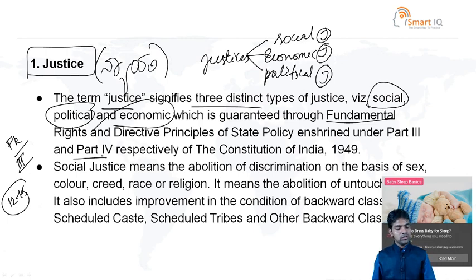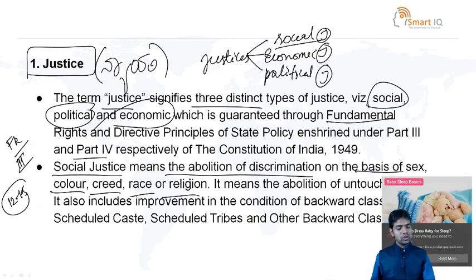What is meant by social justice? Social justice means the abolition of discrimination on the basis of sex, color, creed, race, religion or place of birth. There is no discrimination, and socialistic benefits are provided to the people.